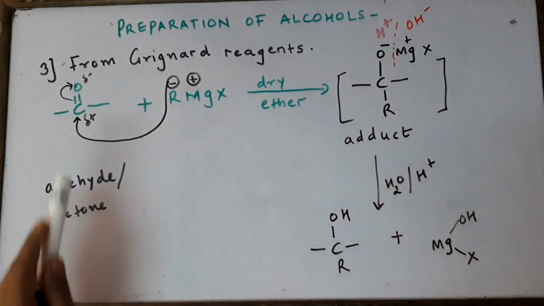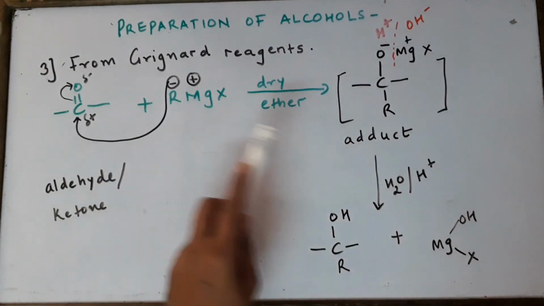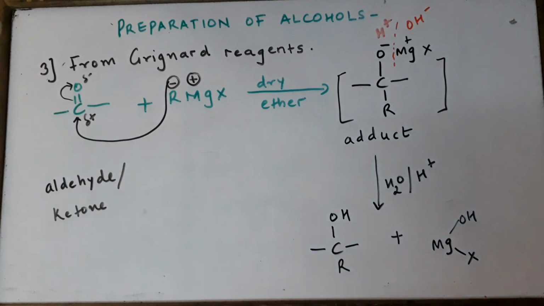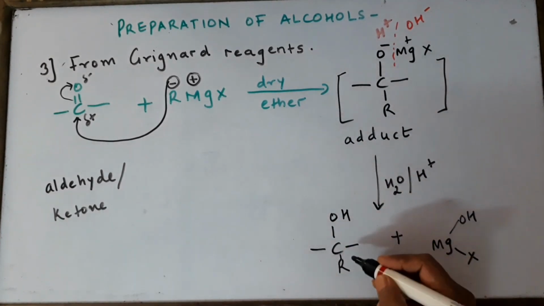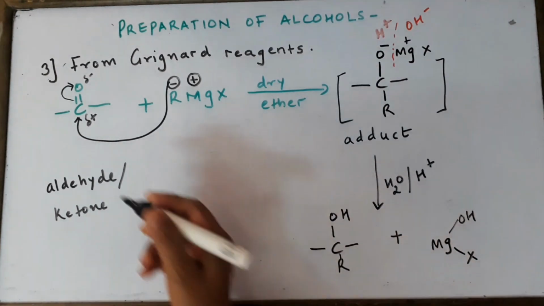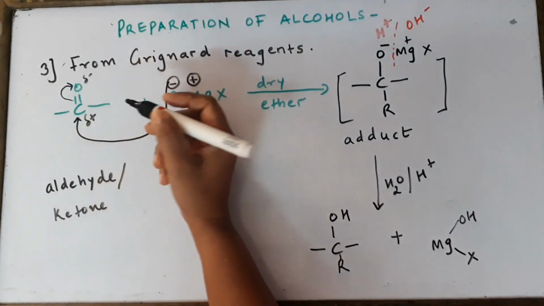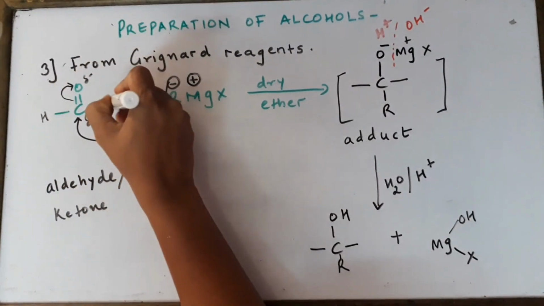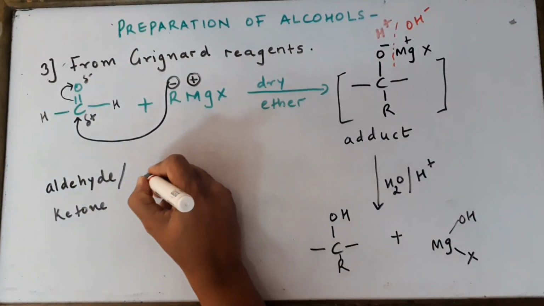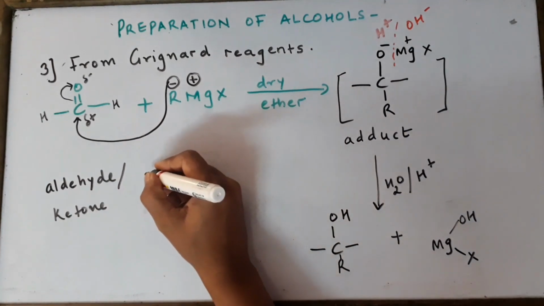So carbonyl compounds on reaction with Grignard reagents will give you alcohols depending upon the nature of the carbon atom. It can be primary, secondary or tertiary. Let us see now what different aldehydes or ketones we can take. For instance, if we write here hydrogen atoms, the aldehyde which we get is formaldehyde.